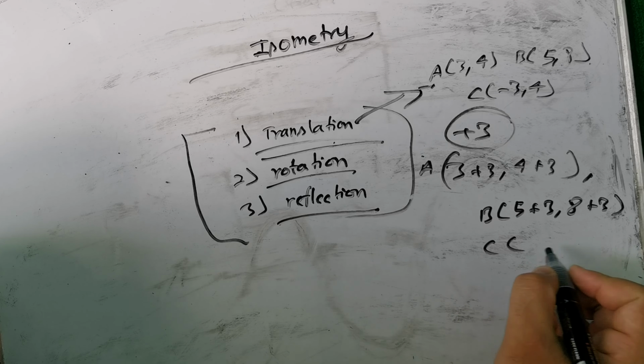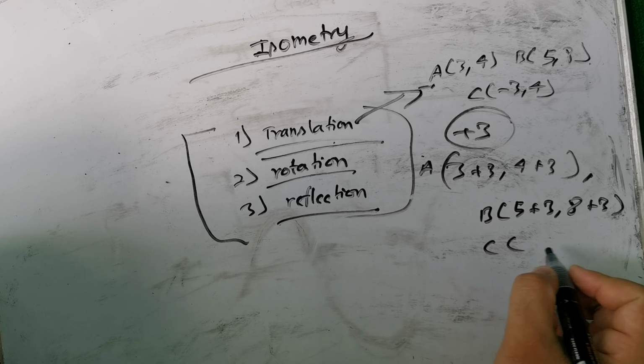And the result is a (6, 7), b (8, 11), c (0, 7).